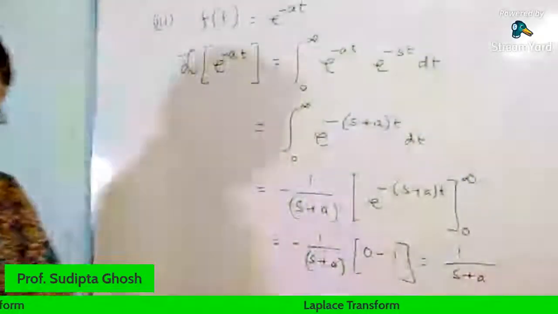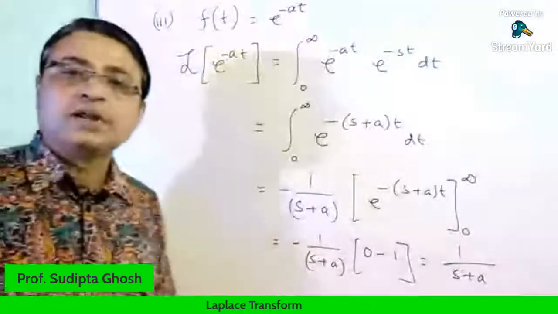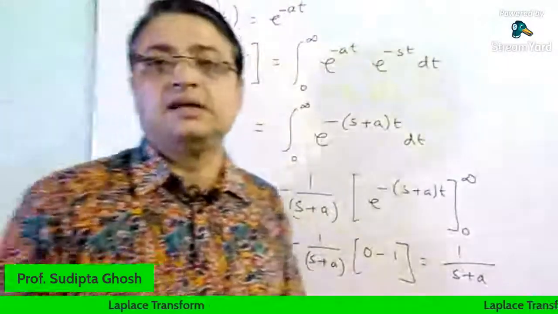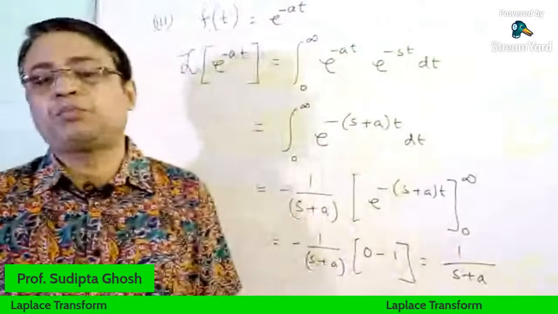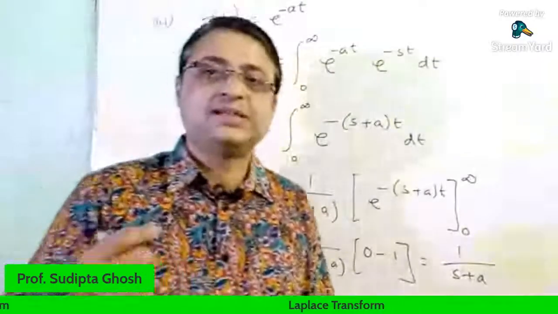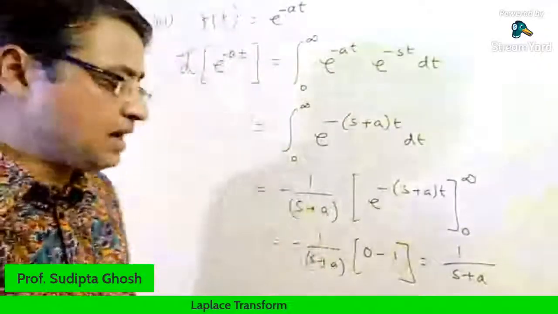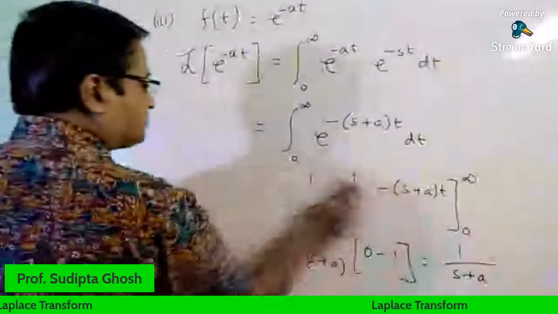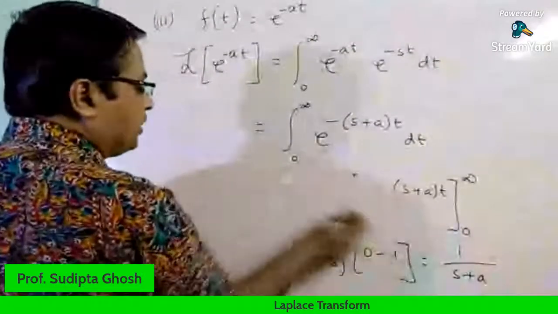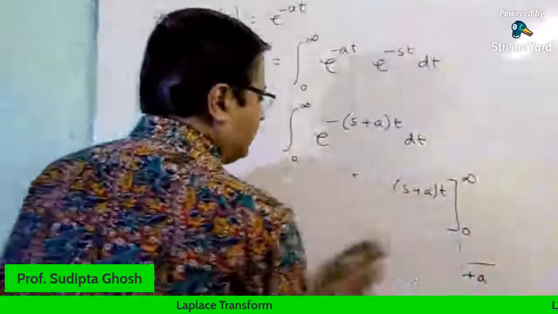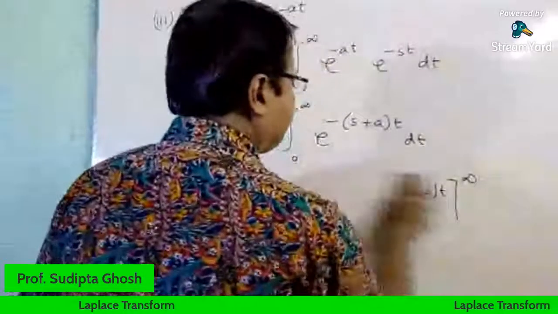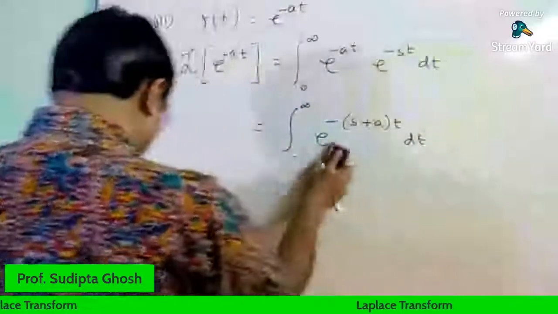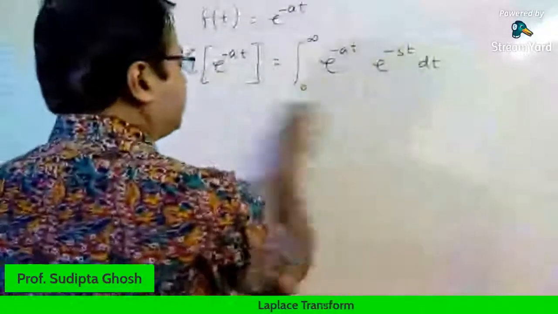Okay, so let's move on to another function, that is number 4. But before proceeding to number 4, let's check a property of Laplace transformation. That is, now I am going to show you the Laplace transformation of a linear combination of functions.